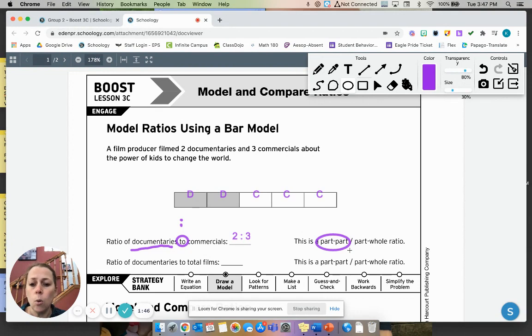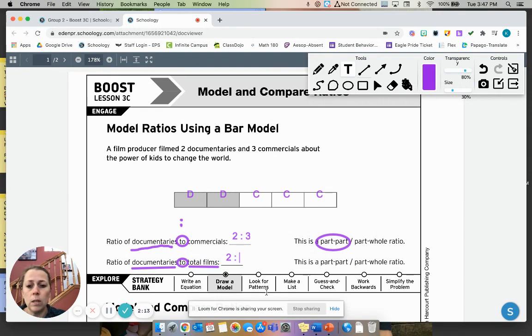A part to whole ratio we will talk about next. Once again, we have the ratio of documentaries to total films. In front of the word "to" we have documentaries, and behind we have total films. How many documentaries do we have? We have 2 shaded boxes, so our first number is going to be 2.